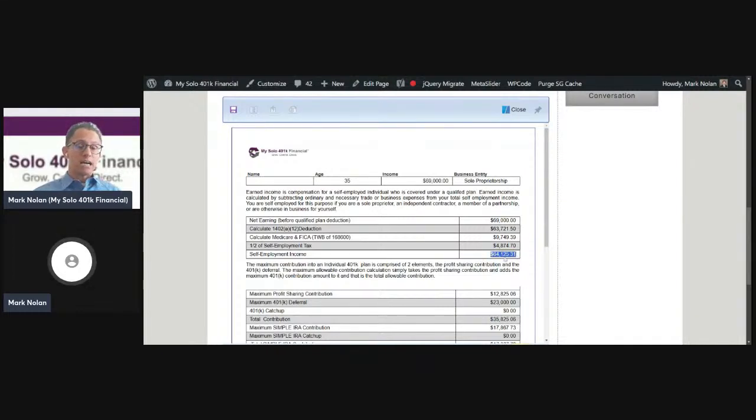So you got plenty of time to really supercharge your retirement account savings there on a Roth basis. Okay, so again, we went over this type of calculation for a sole proprietorship regarding the voluntary after-tax solo 401k contribution. We did that last week.